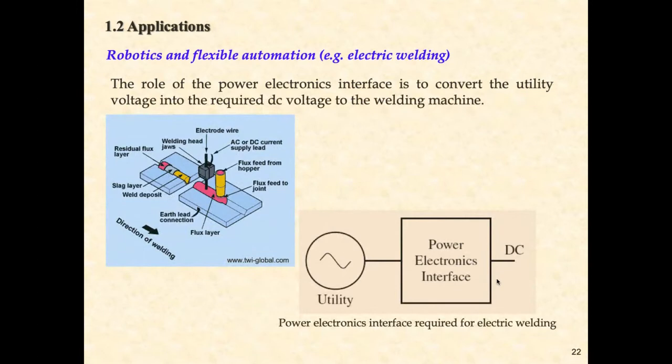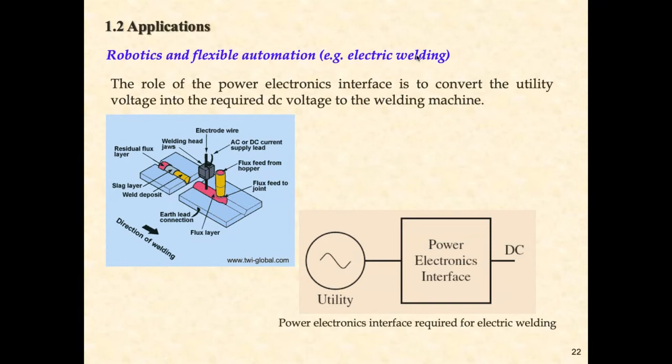So this one is very similar, but the other way around. This one is electric welding. Electric welding needs DC power. Before that, for induction heating, we need AC power, high frequency AC.